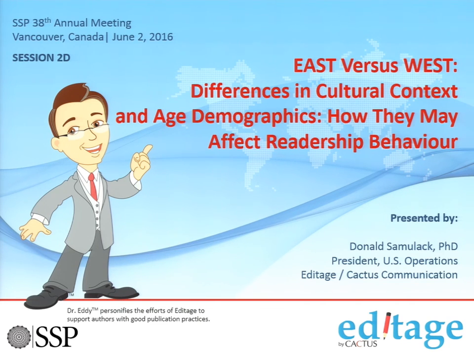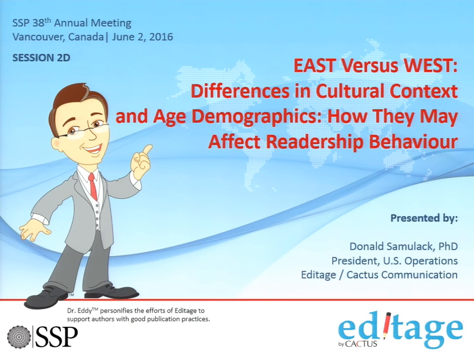Now, of the room, how many have physically spent a lot of time or any time outside what I'll call the West, North America, Europe? So this is people who are spending time in China or other emerging markets. Show of hands again. So we're talking maybe about an eighth of the room.